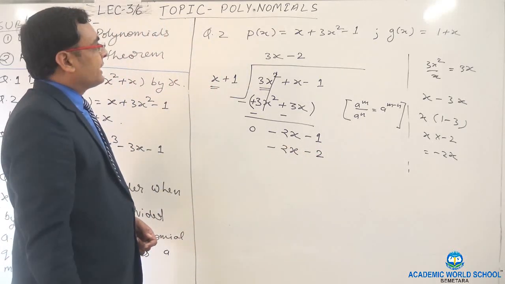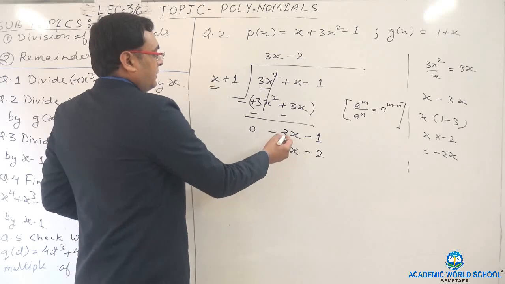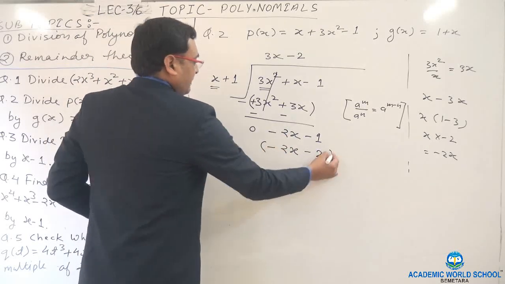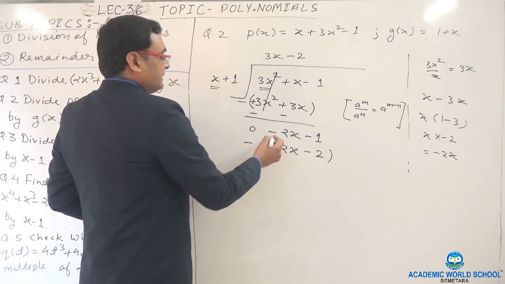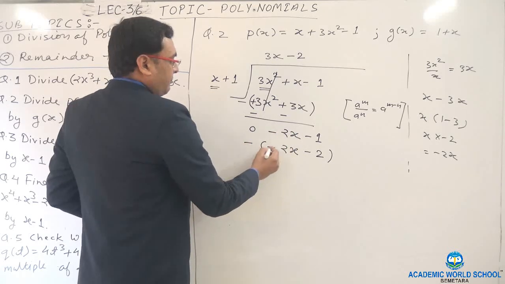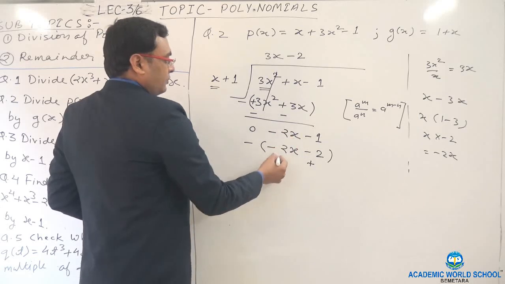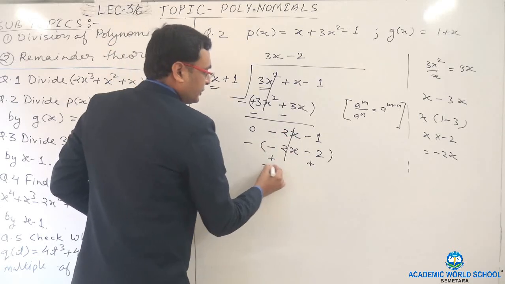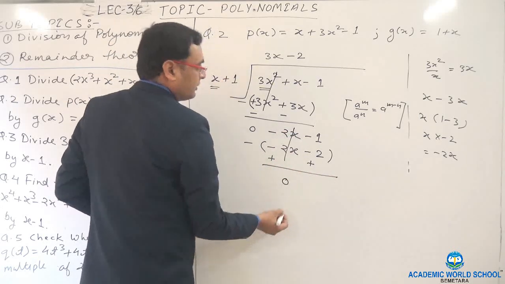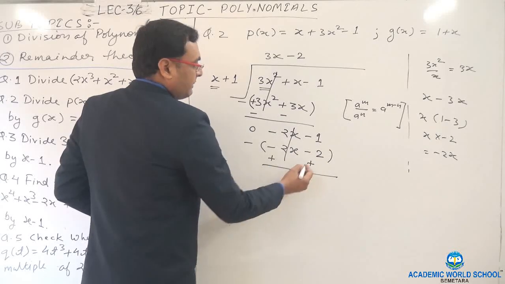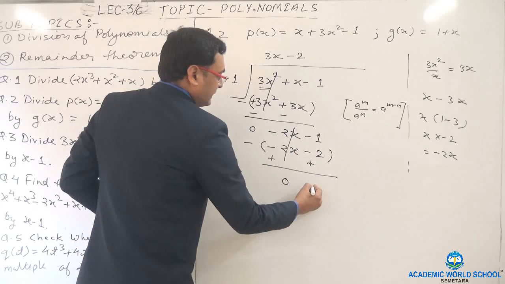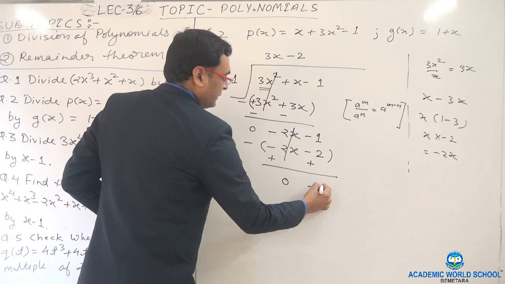Now subtract it. When we subtract, the sign will change. Minus 2x, minus will become plus, this minus will become plus. Minus 2x plus 2x will become 0. So write down 0 here. Minus 1 plus 2, the answer will be plus 1.